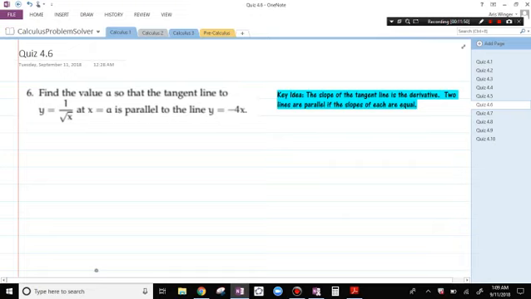That means all this is translating is saying find a such that the derivative at a is equal to negative 4.